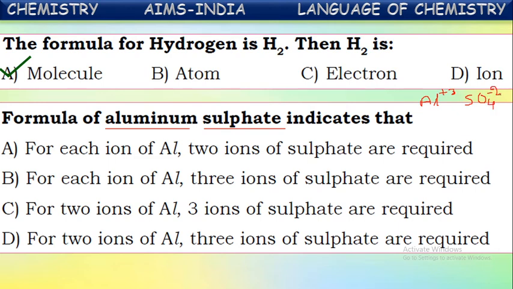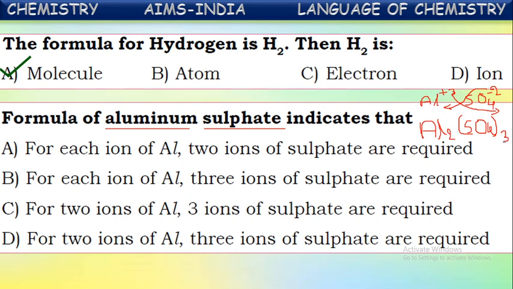When you combine these two by using the crisscross method, as there is no common factor, this 2 will come here, and this 3 is written down. As it is a group of atoms, this 3 is kept after writing brackets. So it becomes the formula Al2(SO4)3, SO4 taken thrice.